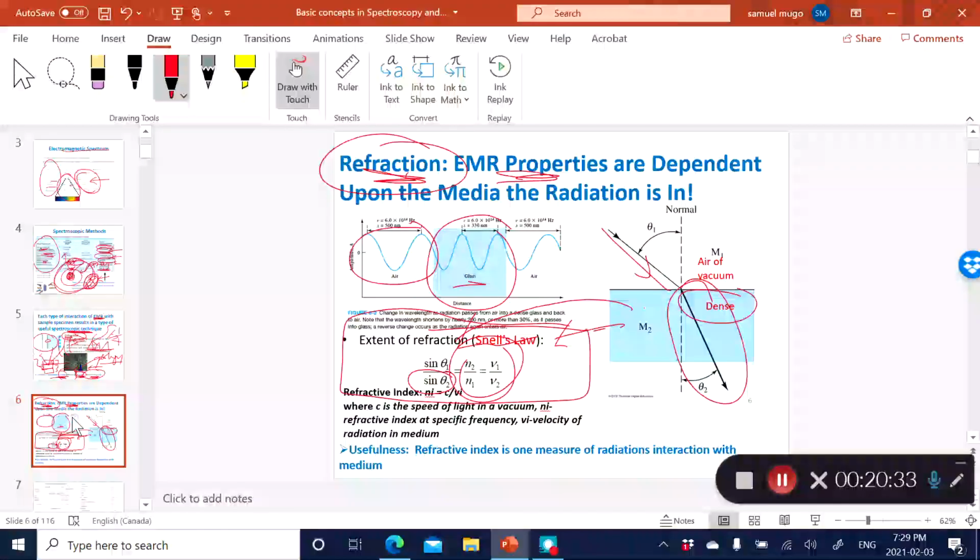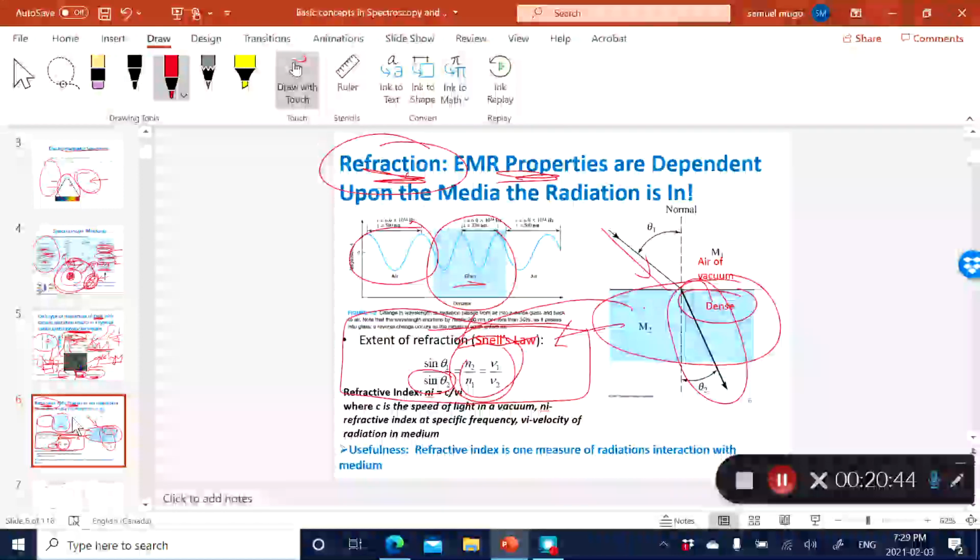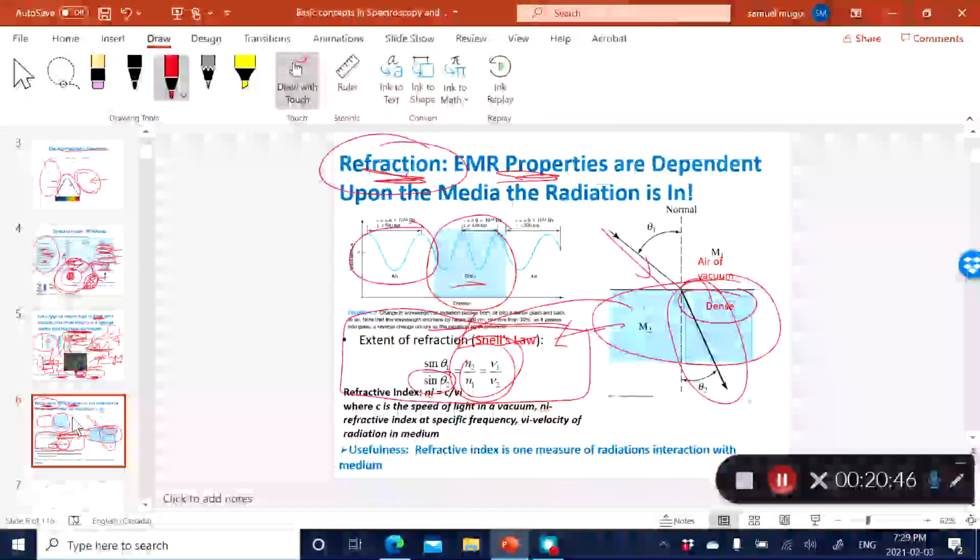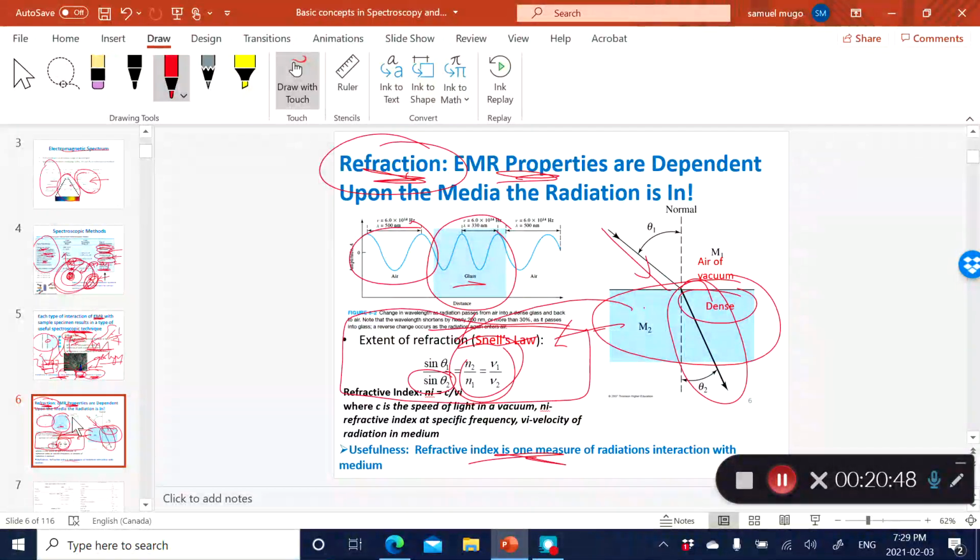And of course, the refractive index of air is known, and so you can actually determine the refractive index of the material that you are shining light through based on Snell's law. And so you can see that usefulness of refraction as a very important behavior of electromagnetic radiation.